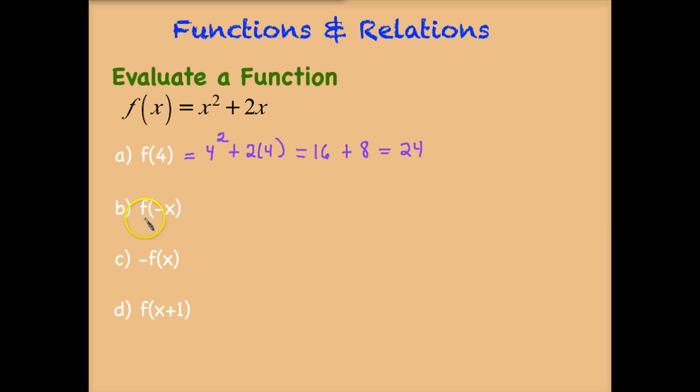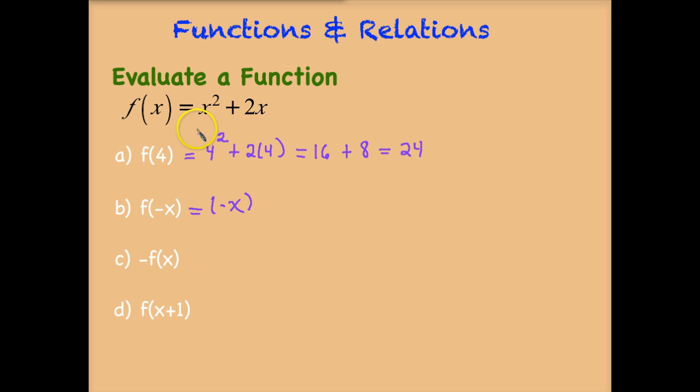Well, let's keep going. What happens if we have this? F of negative x. Think about this for a minute, and then see if you can get the same answer that we'll get together. Well, what does this mean? This means that in place of x, we want to put a negative x. So we're going to have negative x here, and notice I'm putting this in parentheses.